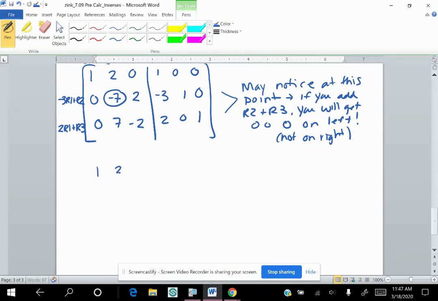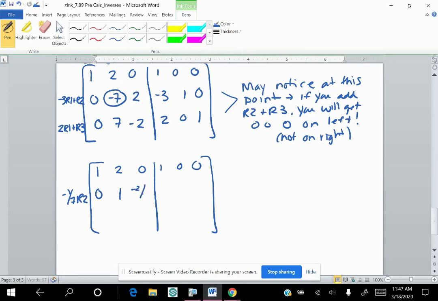So first, I'm going to keep top row the same. This is the step that you're only allowed to do one step at a time. You cannot do any other steps when you're doing this. So we're going to multiply row 2 by negative 1/7. So by doing that, negative 7 times negative 1/7 will give me a 1.